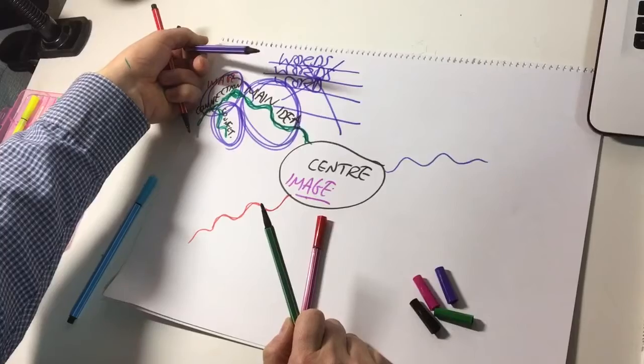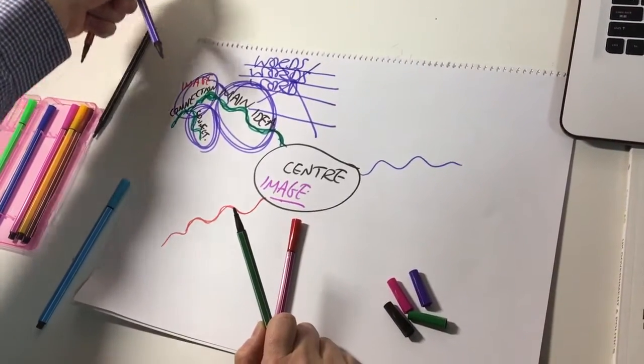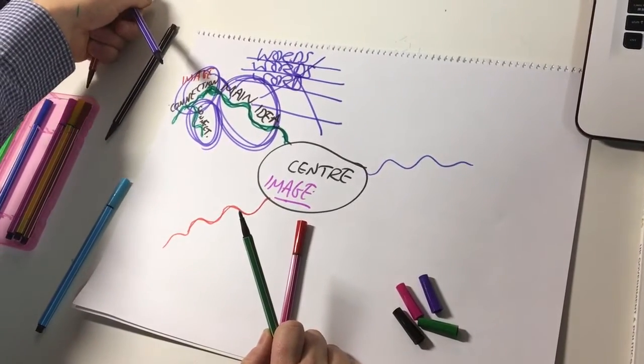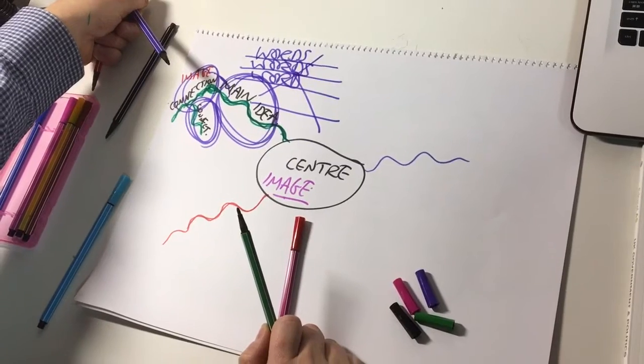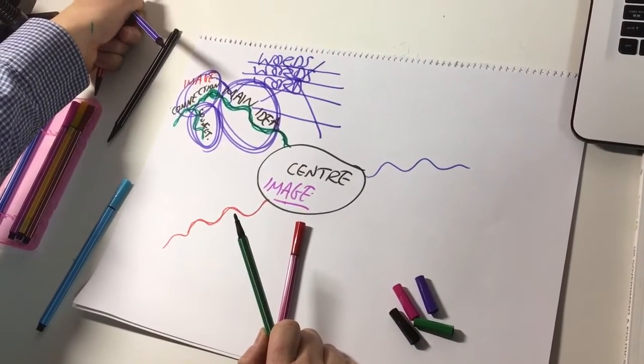Okay, so images are really important because they are key to unlocking the knowledge in your brain. And as I said earlier, it doesn't matter if you're not a good artist, because the image is really from you to yourself. So each mind map is personal to you.